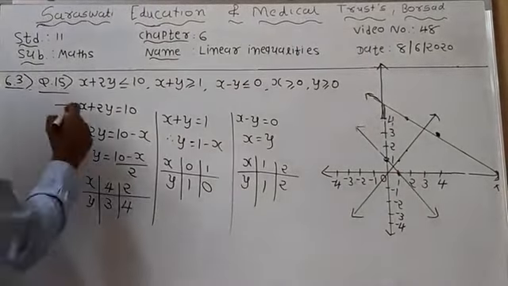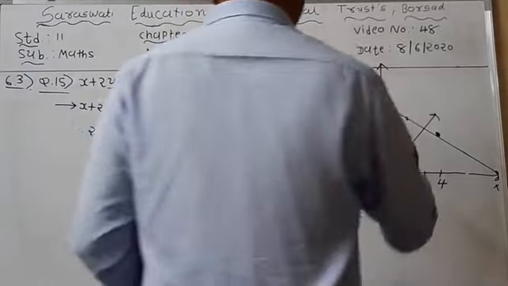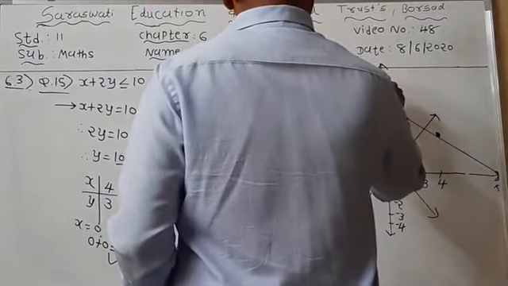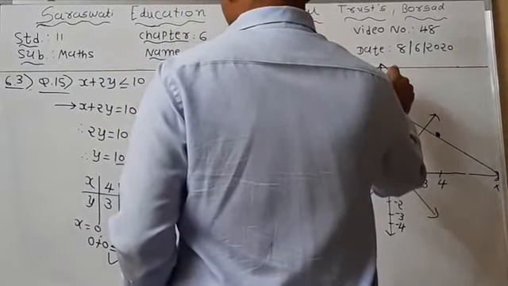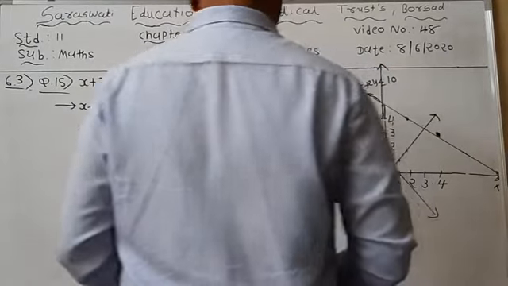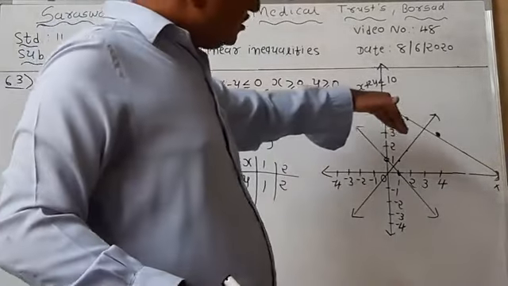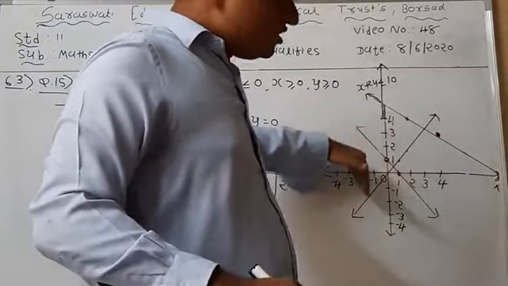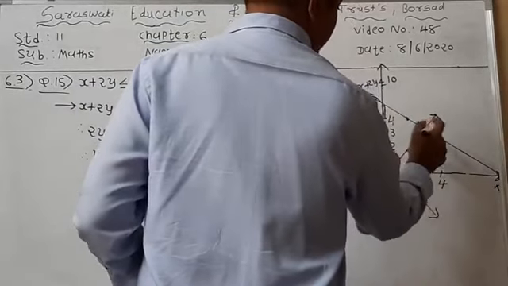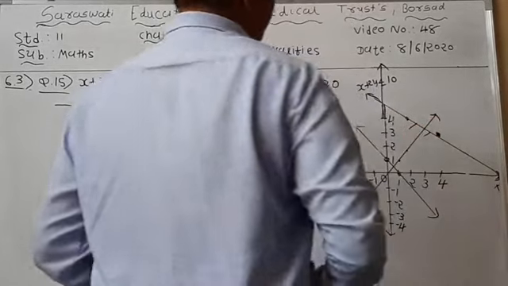Put x 0 and y 0: 0 plus 0 less than or equal to 10. This condition is true, so for our first line x plus 2y less than or equal to 10 the shaded portion is on this side. That means on these two sides our shaded portion is not present, so possibilities 1, 2, 3 and 4 remain.